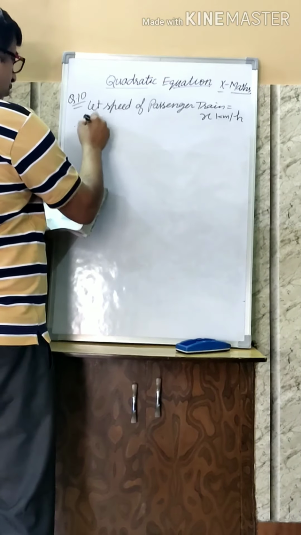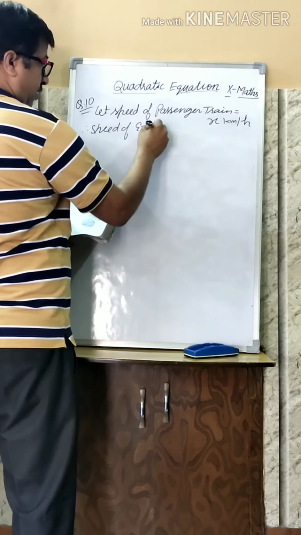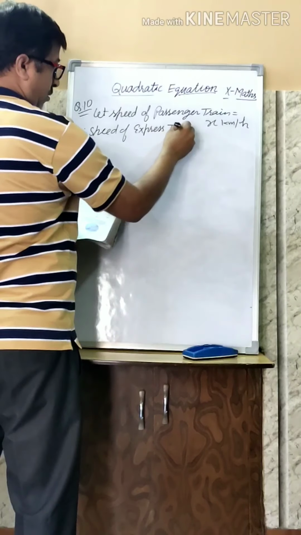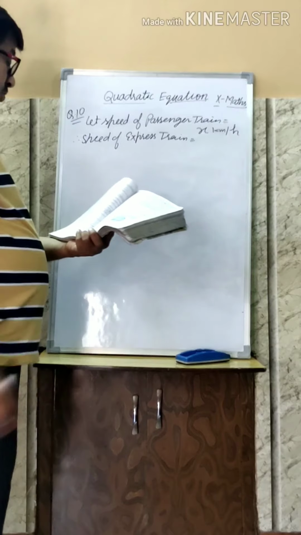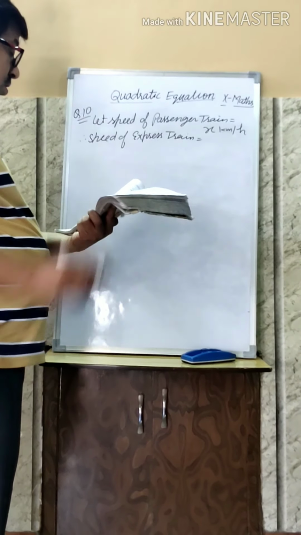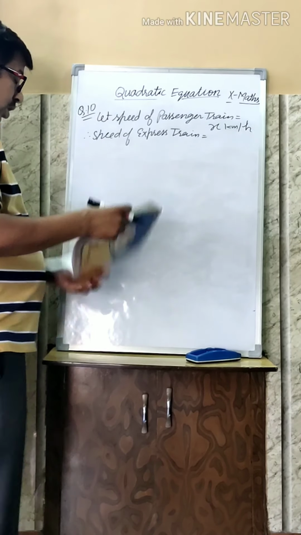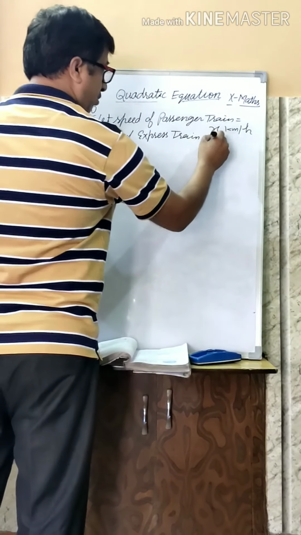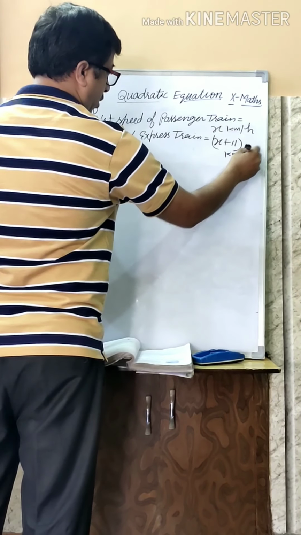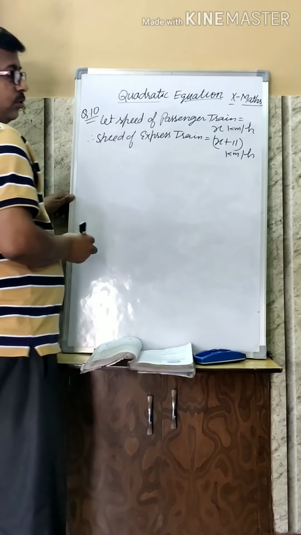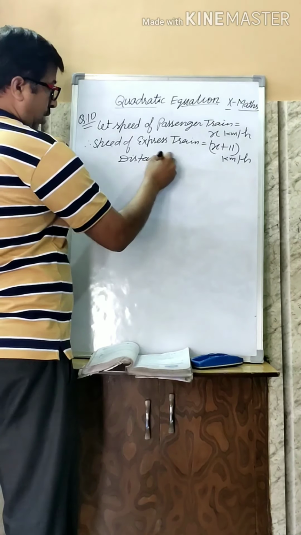So therefore speed of express train, because it is saying the speed of express train is 11 km per hour more than the passenger train, is x plus 11 km per hour, and total distance both will cover, that is 132 km.